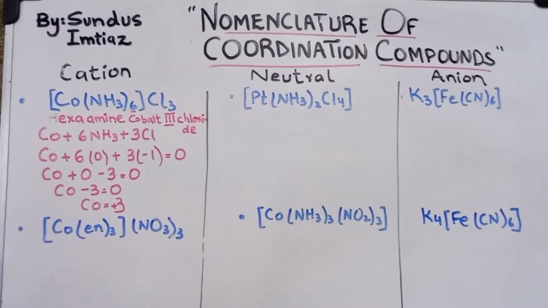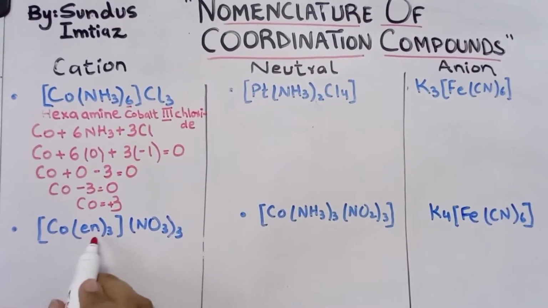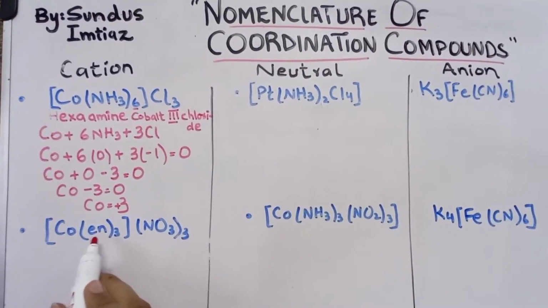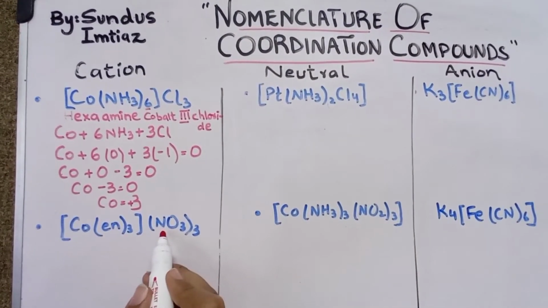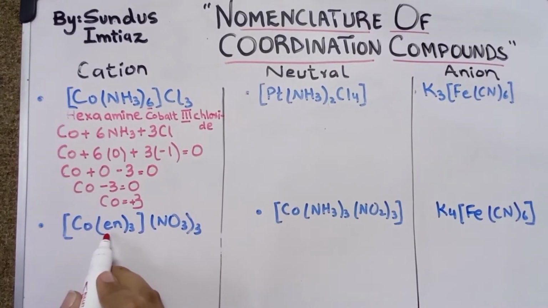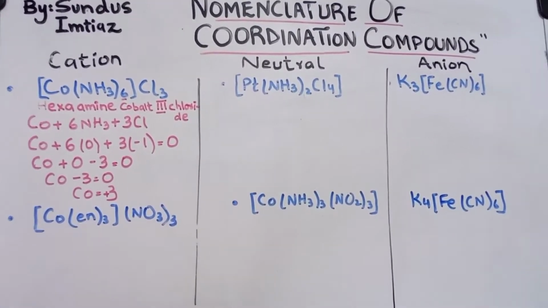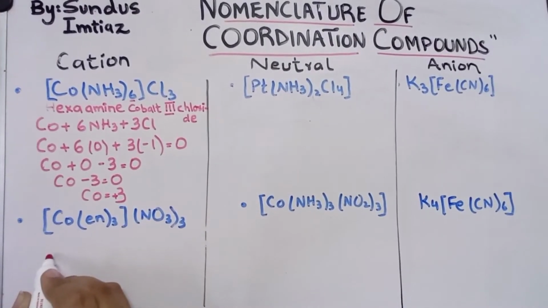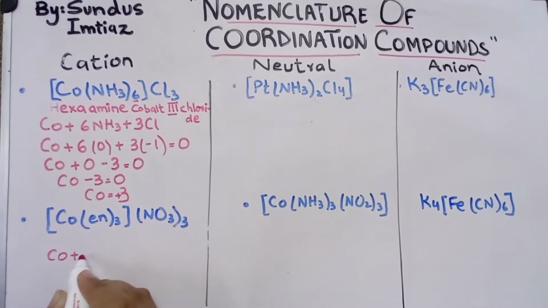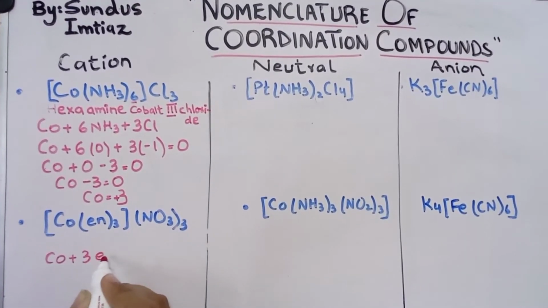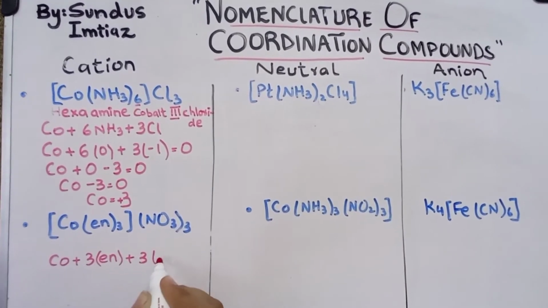Now let's move to the second one. It is written cobalt En3. Now what is this En? En is ethyl diamine. And nitrate. Nitrate has -1 charge, ethyl diamine is neutral, meaning 0 charge. So we will write cobalt plus 3 nitrate.